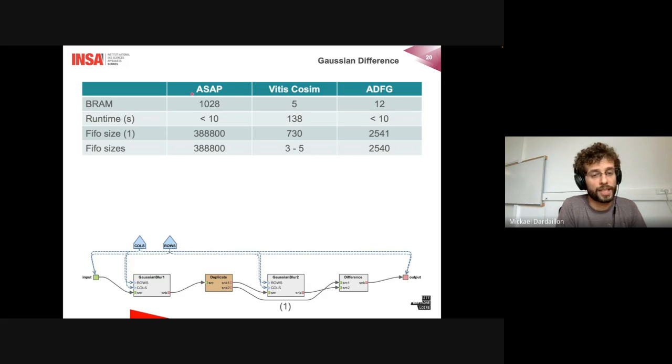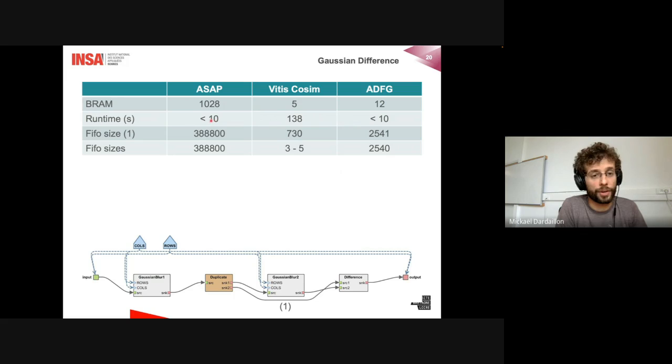If you use ASAP scheduling, we get more than 1,000 BRAM used, compared to Vitis cosim, which proposes usage of 5 BRAM, and ADFG, which proposes a usage of 12 BRAM. So clearly Vitis cosim is best in terms of memory usage by far, by a factor of 2 compared to us.